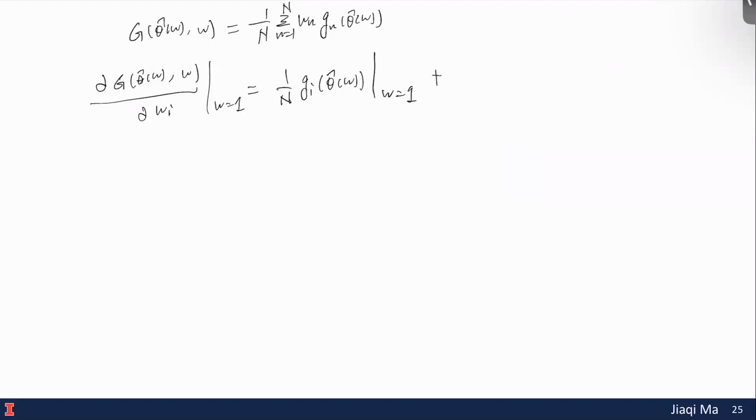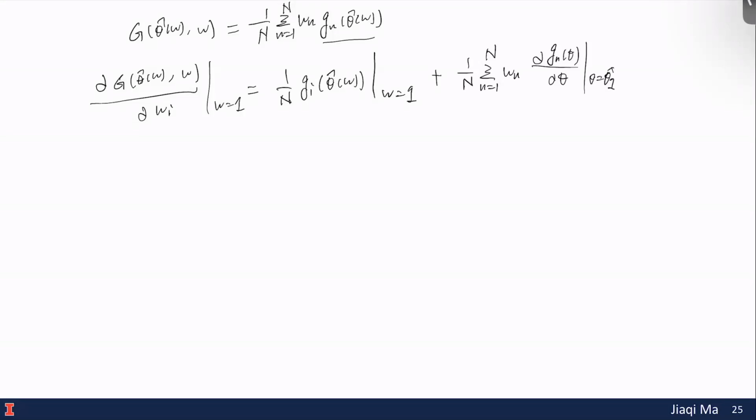Plus, if we take the derivative over the G terms, it becomes 1 over n times the summation of n from 1 to capital N of Wn times the partial of Gn with respect to theta, evaluated at theta equals theta 1 hat.